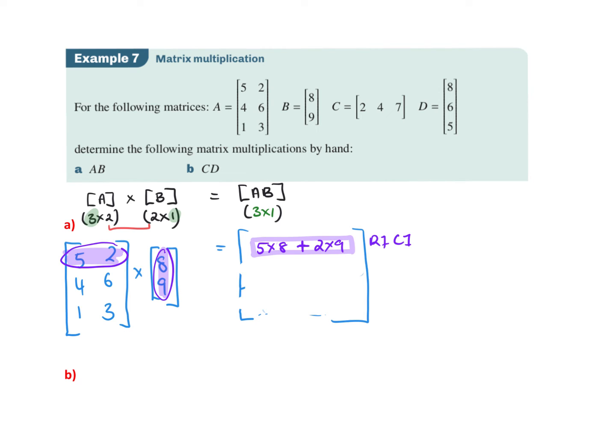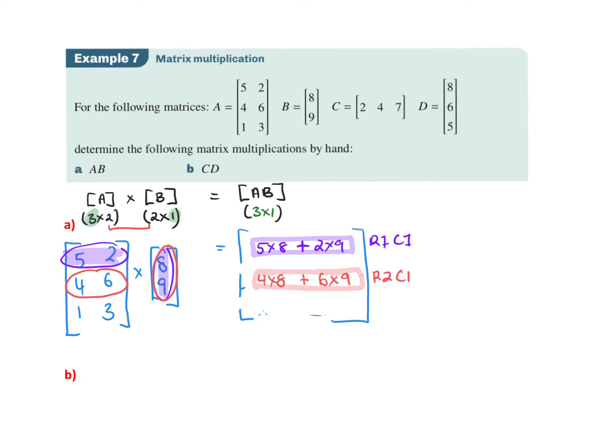So if I look at this next one in here, this spot here, that's row 2, column 1. So I'm going to use row 2 with column 1 of the second matrix. So we're going to have 4 times 8 plus 6 times 9. Okay, so there's that one.